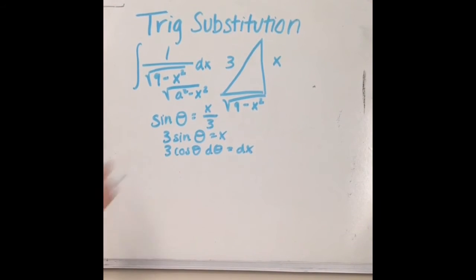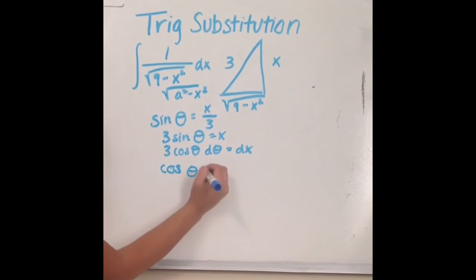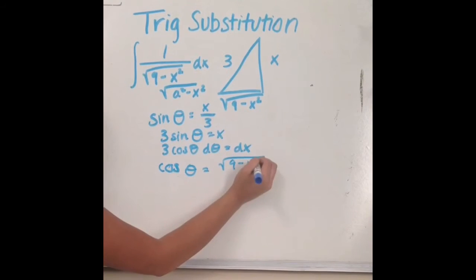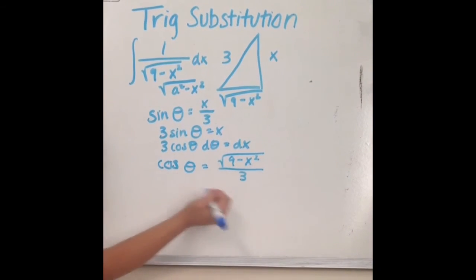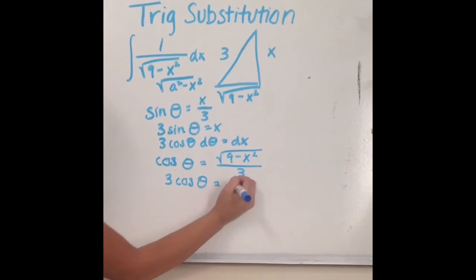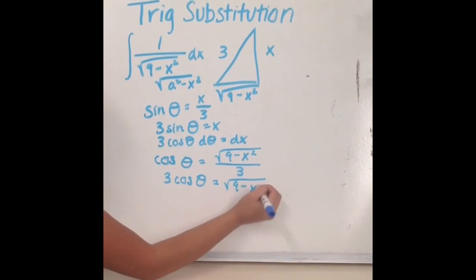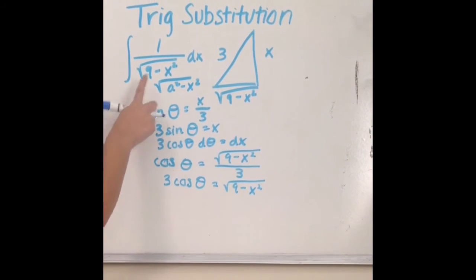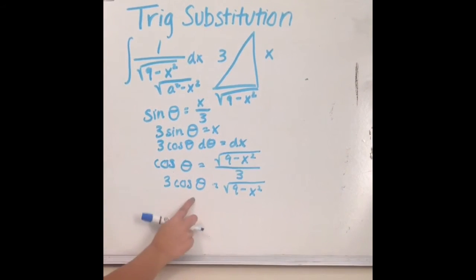Then we also have to convert this expression to theta. So we know that cosine of theta is equal to root 9 minus x squared over 3. Multiply both sides by 3. 3 cosine of theta is equal to root 9 minus x squared. So we can now replace this expression involving x with the expression involving theta.